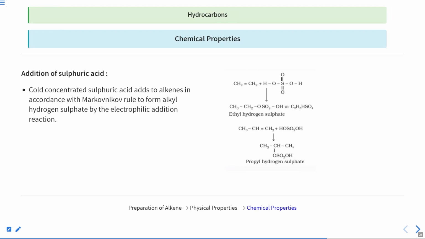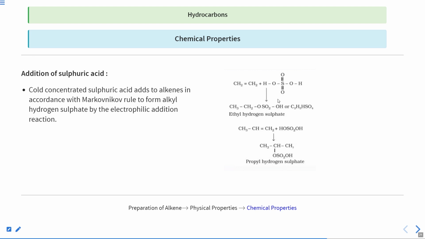This is very simple. Again, it has 2 parts, a positive part and a negative part. The positive part is going to the carbon containing a greater number of hydrogen, and the negative part is going to the carbon which has the smaller number of hydrogen. It means it is adding in accordance with the Markovnikov rule.